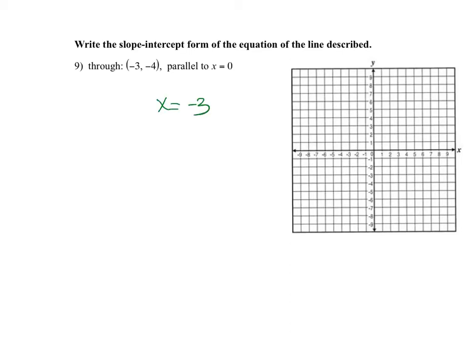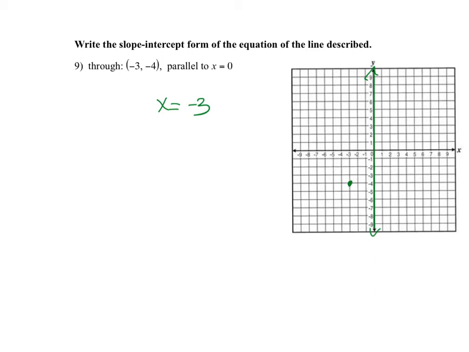So in this case, when it's parallel to any other vertical line, it's just x equals negative 3. So if I draw that one right there, let me better use the ruler. So this is x equals 0. I want a parallel line that passes through this point right here, (-3, -4).